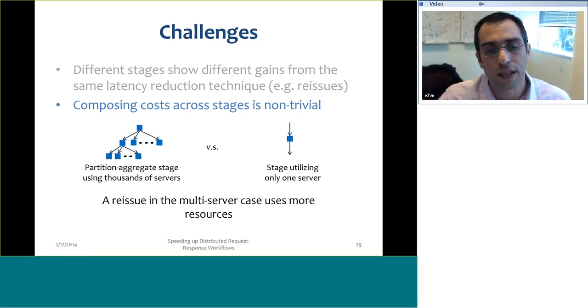On the other hand, if I have a very complicated stage that consists of many inner stages, then it gets more complicated. If it's a partition-aggregation stage, then I need to use more resources for the same budget, for the same ratio of reissues. Okay, so the cost is very different here. And if you wish, each stage has its own very different cost coefficient.